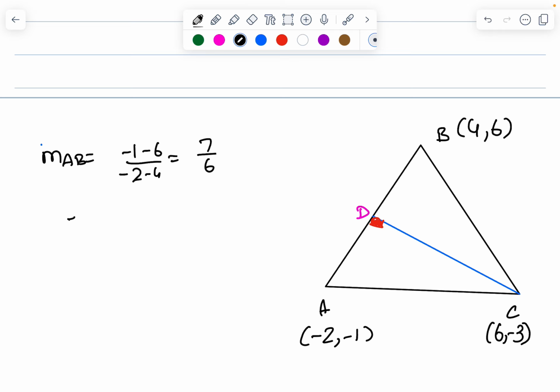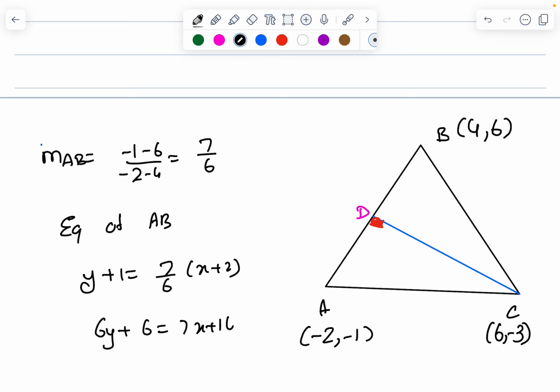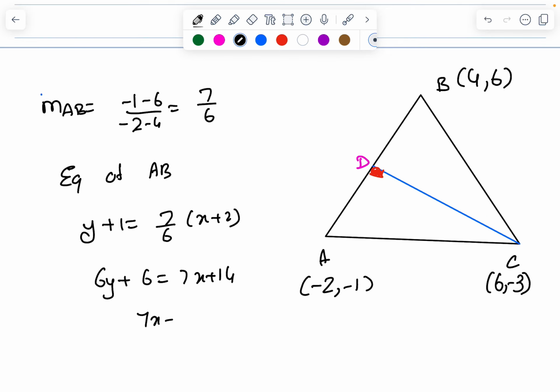So the equation of AB will be y minus y1 equals m times x minus x1. So this is 6y plus 6 equals 7x plus 14. So I'll be getting 7x minus 6y plus 8 equals 0.